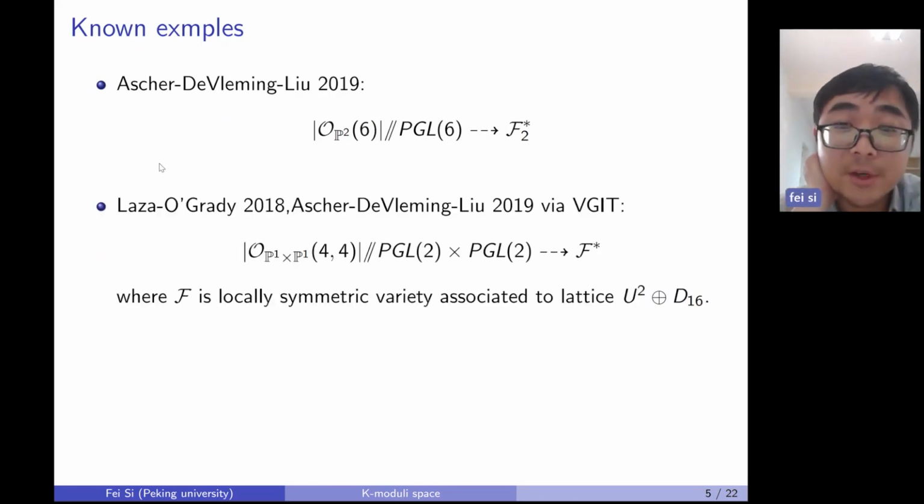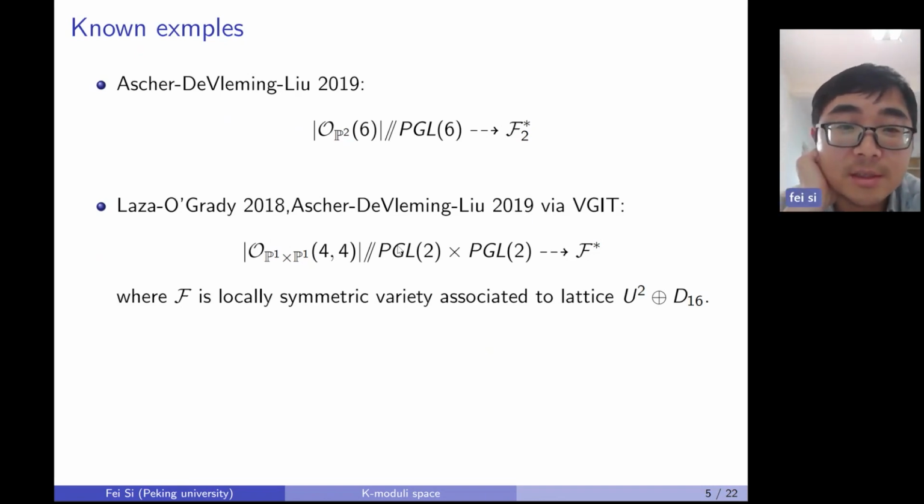The second example is the double cover of P1 times P1 branched along a degree 4 curve. Actually, this is a degree 8 del Pezzo surface. First you have some GIT compactification for this space, and this period map can be explicitly resolved by the work of Ascher, DeVleming, Wang in 2019.